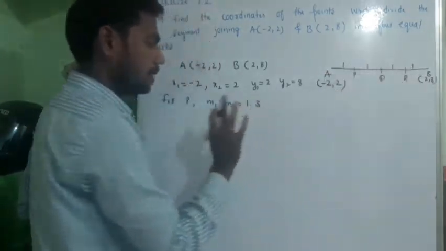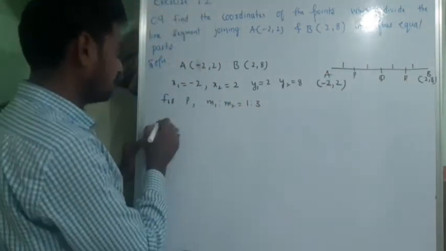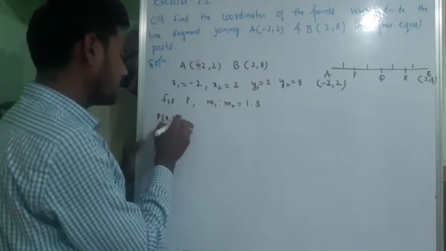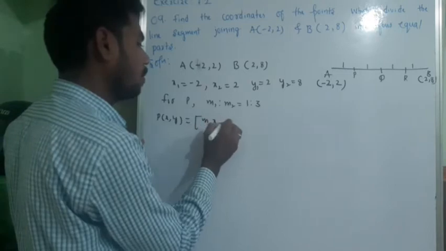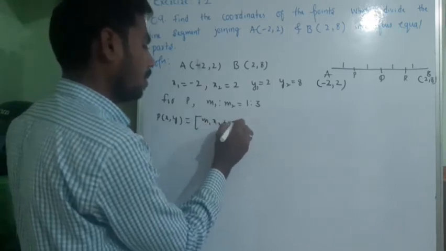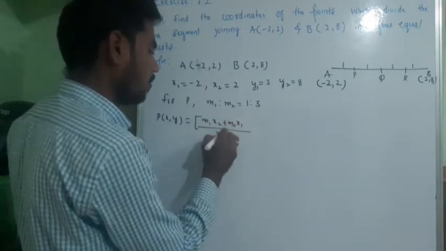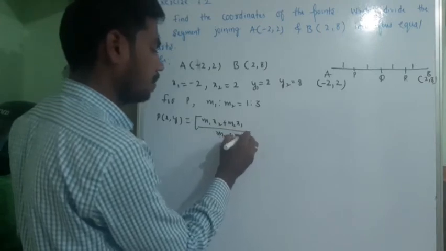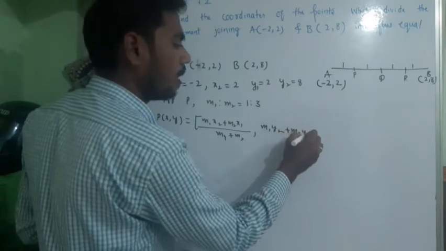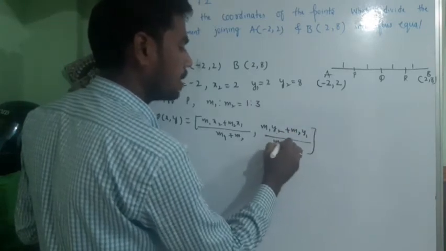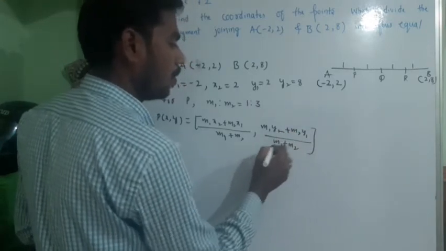Now P of xy is equal to, the same thing, M1 x2 plus M2 x1 divided by M1 plus M2, and M1 y2 plus M2 y1 divided by M1 plus M2. This is the formula we need to use.